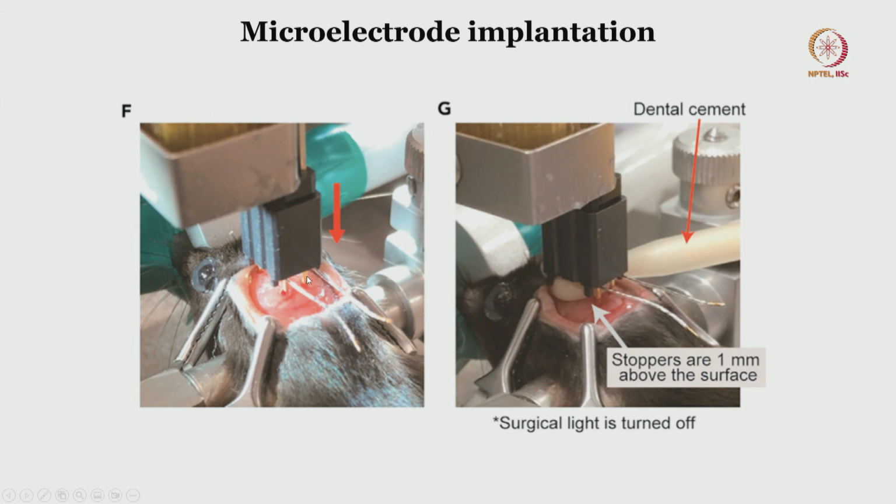Those electrode tips are going to record the electrocorticographic signals from the surface. These electrodes which are protruding outside are basically for the recording of EMG, not ECG. ECoG is basically the electrocorticogram, and EMG is the electromyographic signals from the muscles of the neck. That is the reason they have a long extension of the electrode which is going to be inserted onto the neck muscles, you understand.